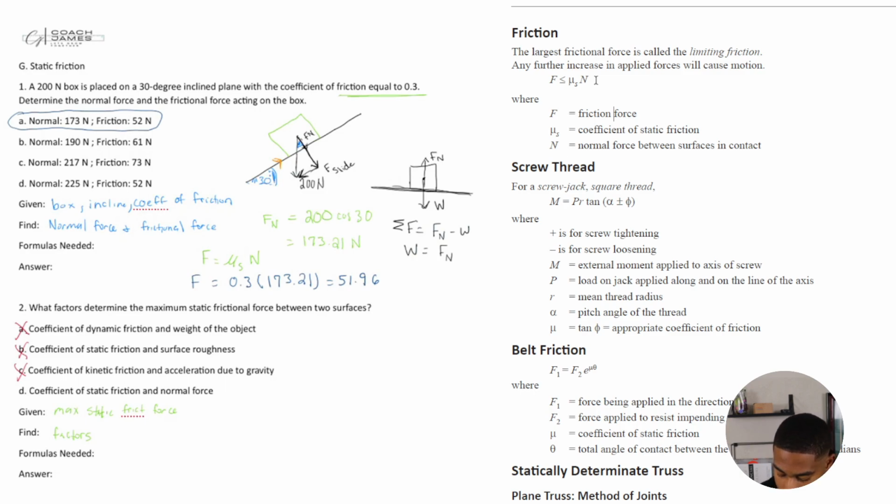So in this case, D. Now, the normal force, sometimes it will be affected by gravity, but you're looking at normal force normally for friction, especially static friction. Normal force and those coefficients of static friction are going to give you the largest frictional force, which is called limiting friction, which it says here.